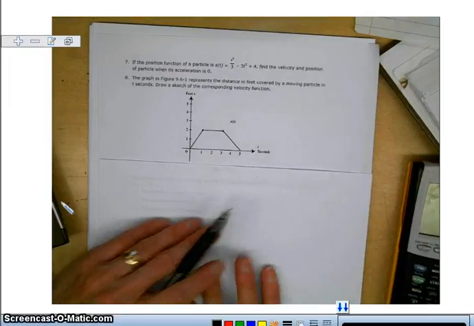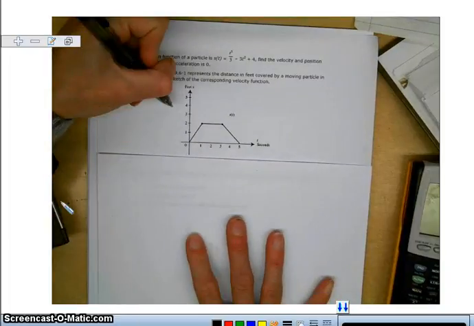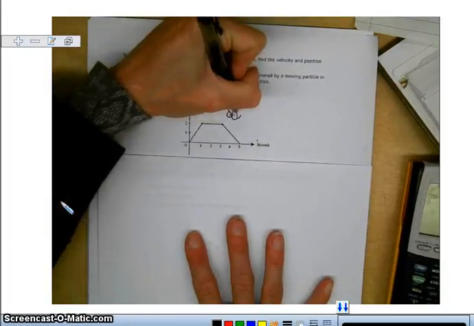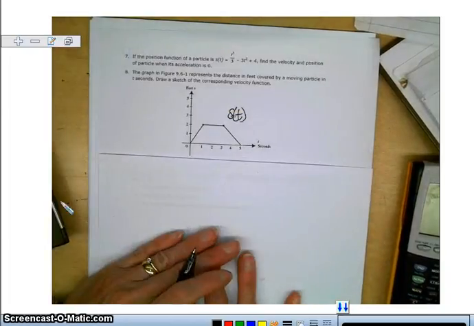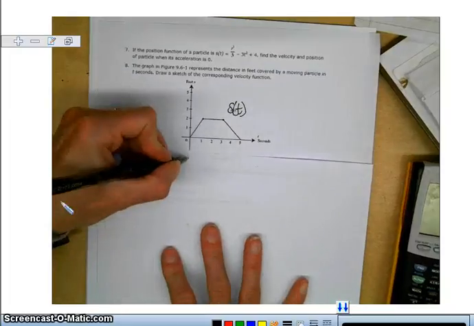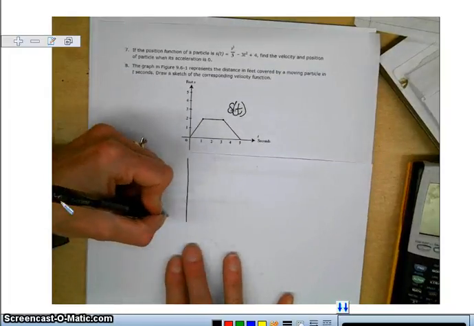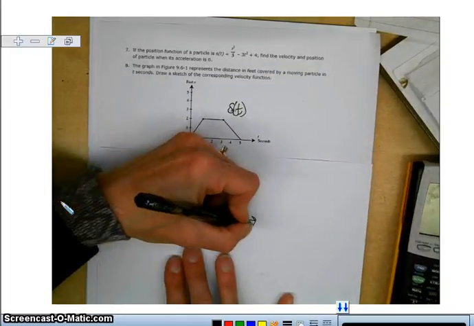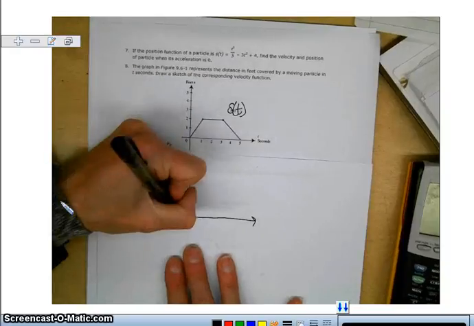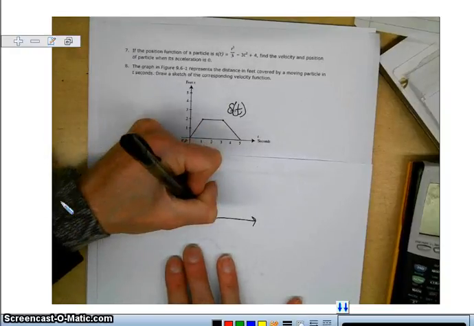All right, so what I want to do, this is the position function. It's labeled S of t. You can't really see that. Position. So I am going to make its corresponding velocity function by making a graph very similar. I'm going to label it and try to put the marks in the very same spot.